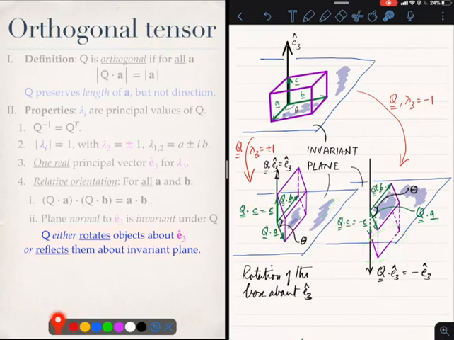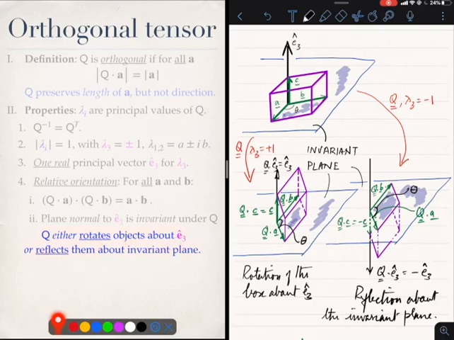So the box has rotated and then been reflected about the invariant plane. So we really understand an orthogonal tensor. It either rotates objects or reflects them.